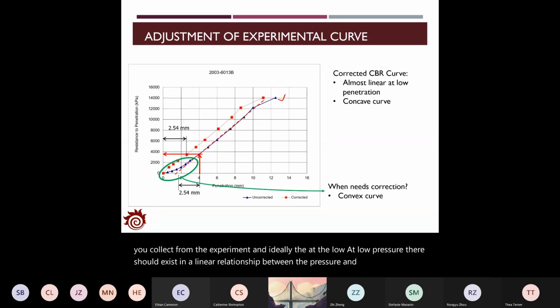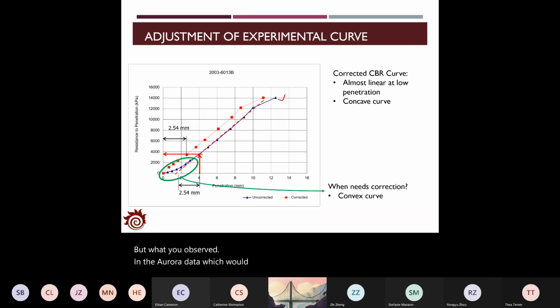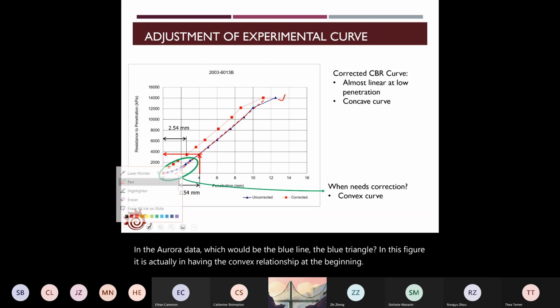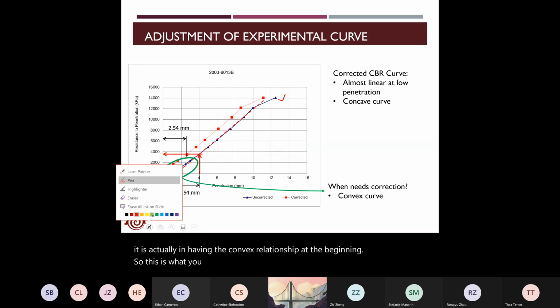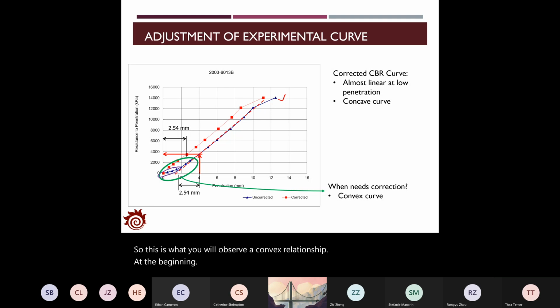But what you observe in the raw data, the blue triangles in this figure, is actually a convex relationship at the beginning. This does not quite make sense.